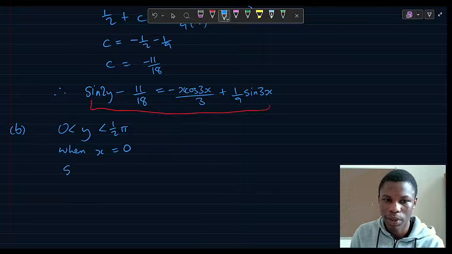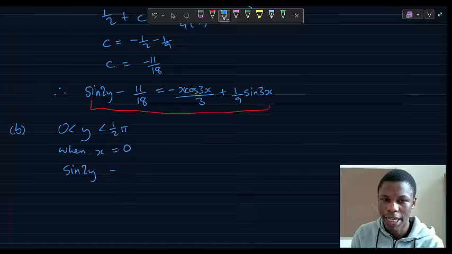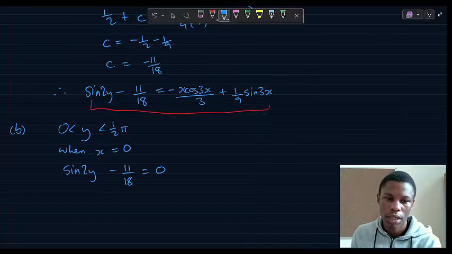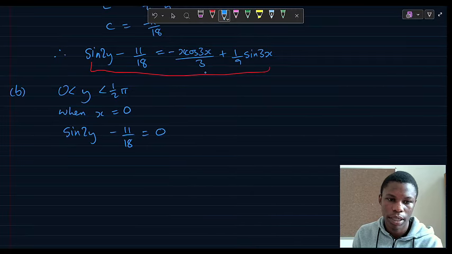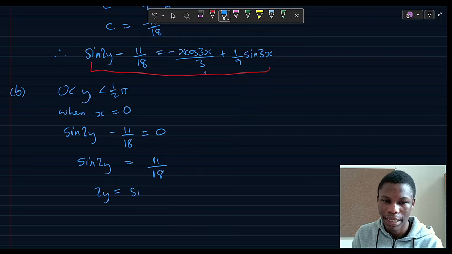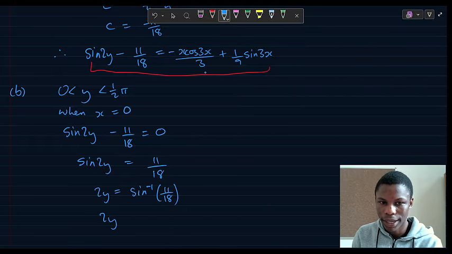So what I end up with is that sine 2y minus 11 over 18 is equal to 0. And so I have that sine of 2y is equal to positive 11 over 18. And so 2y has to be arcsine of 11 over 18, in radians, because they gave the interval for y in terms of pi.